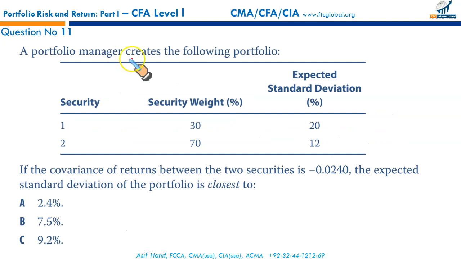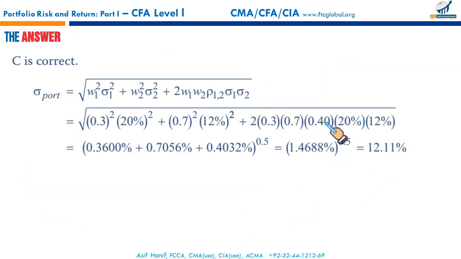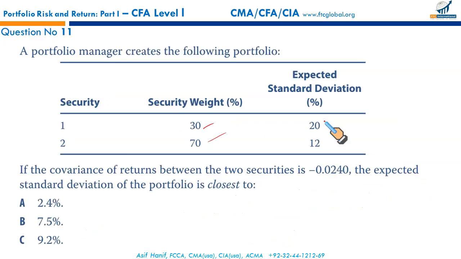Next, a portfolio manager creates the following portfolio with security 1 and 2. These are the weights. I think this is in continuation to the previous question. Yes. But this time we are required to calculate the standard deviation when we have been given the covariance. So just a little change in the formula. Do the same thing.